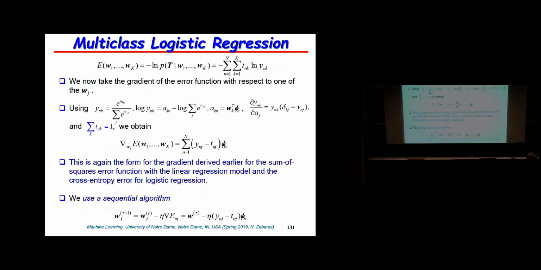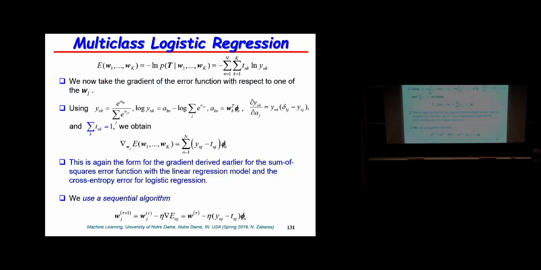So what we will need to do is take gradients with respect to wj, and wj would be the parameters for class j. So how do we differentiate this with respect to wj? You have to take derivatives of y with respect to what? We will first take derivatives of y with respect to alpha j, and I gave you the formula, and then take derivatives of alpha j with respect to wj, which will give us a phi n.